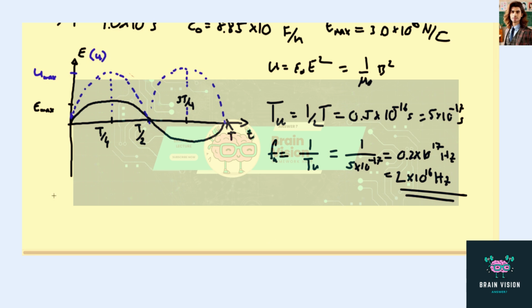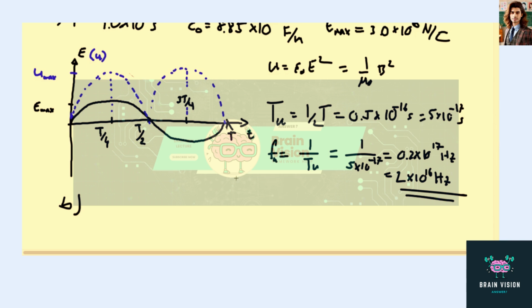Now, since you can equally well write the energy density in terms of E squared or B squared, and we know that the electric and magnetic fields in the electromagnetic wave are in phase, we know that the frequency is a general thing.